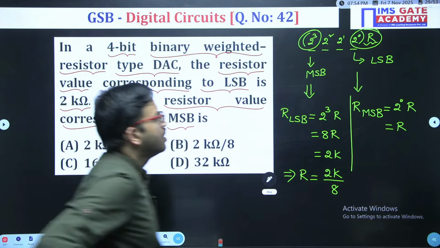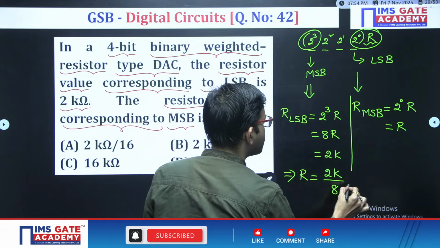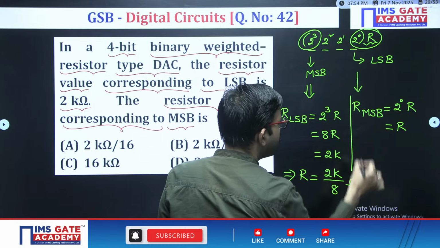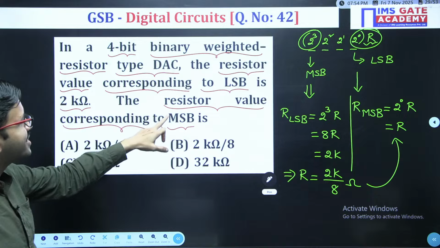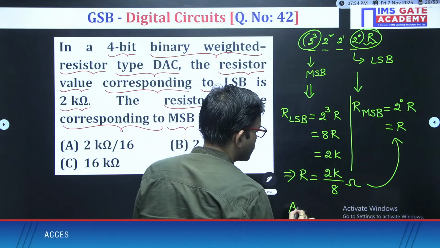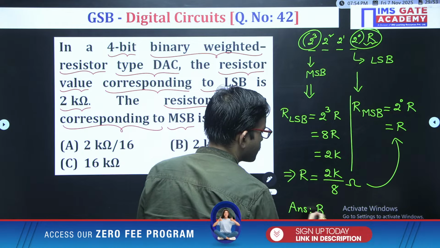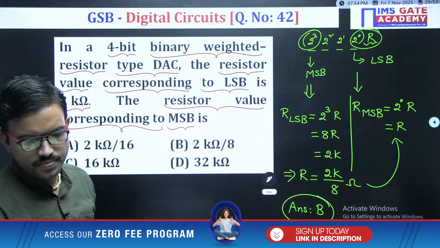So here R value is 2K by 8. This R value is nothing but the MSB resistor, and that one only we are asking: the resistor value corresponding to MSB. So you are getting option B. Option B. Yes, very good, Suganya.